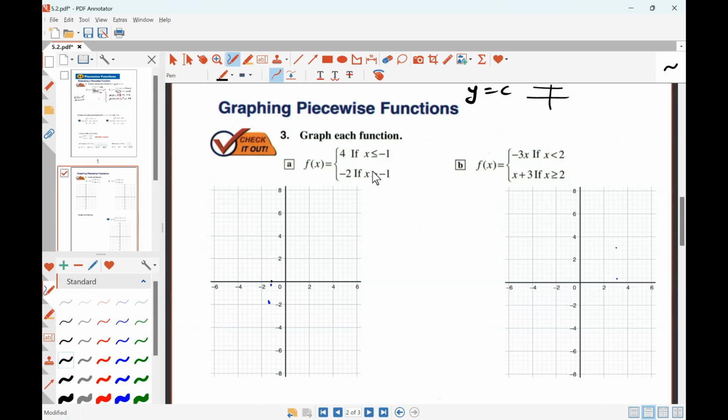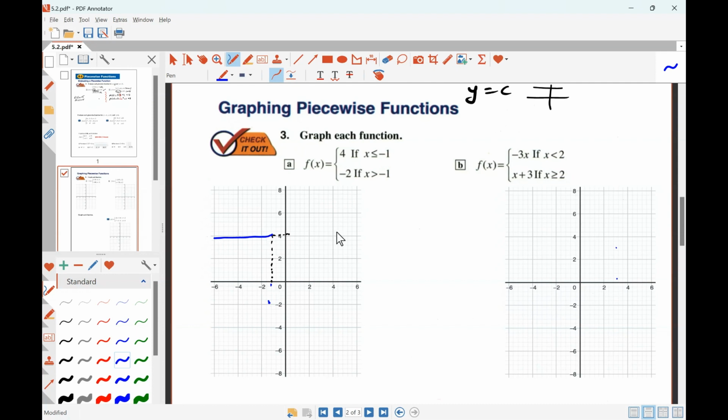So for x equals -1, let's find -1 here. My function is 4. Y is equal to 4. So I will be graphing a horizontal line here that will be graphed on the left side of -1.